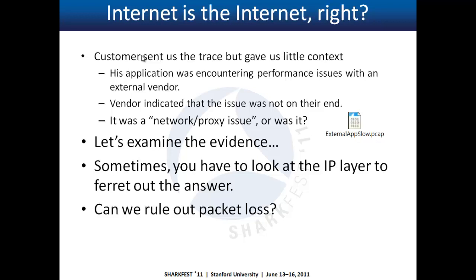And they're saying that this platform is extremely slow, and they're not happy about it. And it traverses the internet. So that's why I said it's the internet, what can you do? But Tom found something that was actually pretty fascinating, and it's a perfect example of knowing what to look for, and when to look for it, to zero in on a problem. All right, so let's look at the evidence.